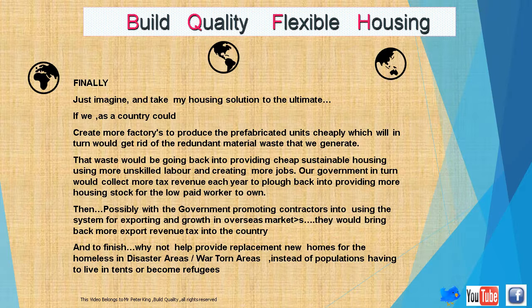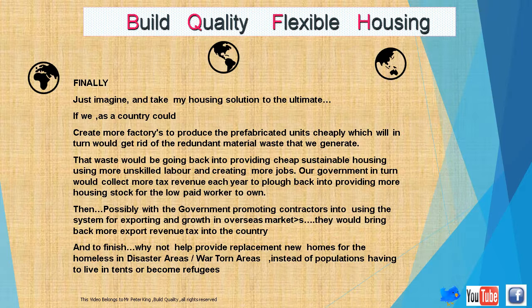That waste would be going back into providing cheap, sustainable housing, using more unskilled labour and creating more jobs. Our government in turn will collect more tax revenue each year to plough back into providing more housing stock for the low-paid worker to own.